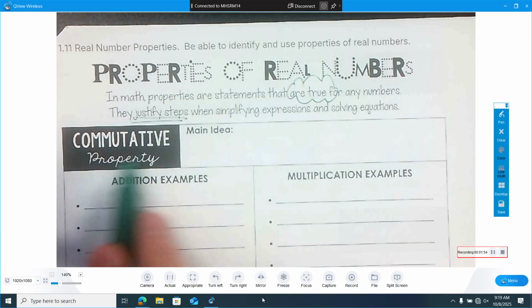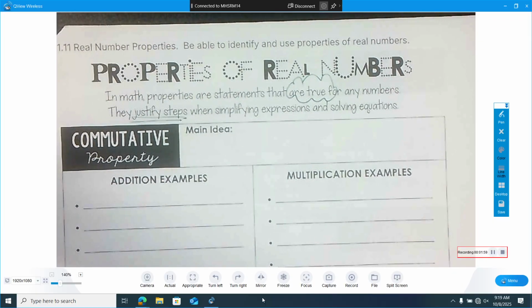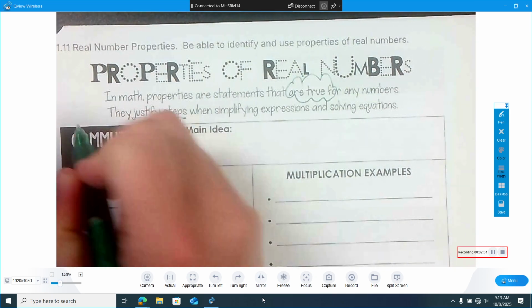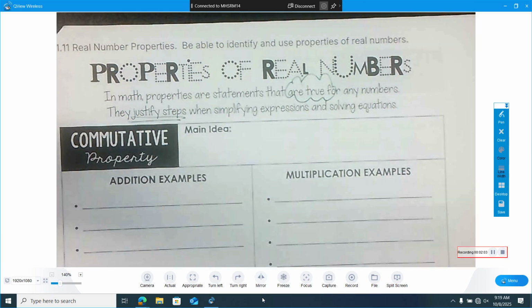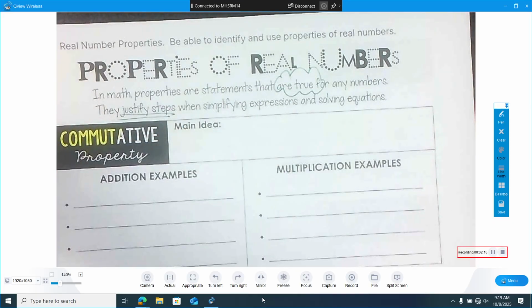So the commutative property is the first one we're going to talk about. The root of the word is commute. And when I think of commute, I think about my commute to and from school, okay?